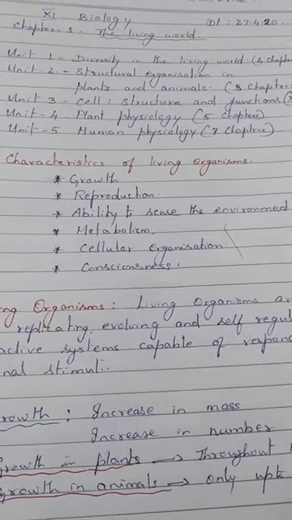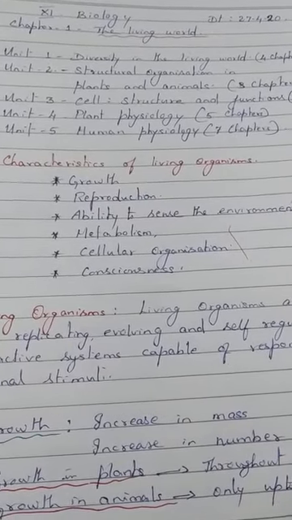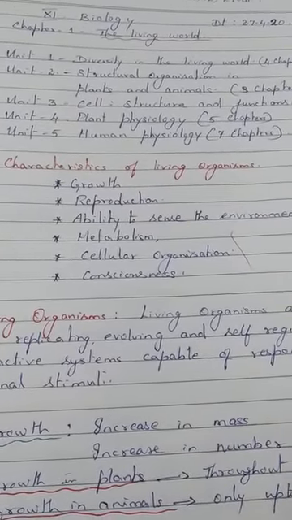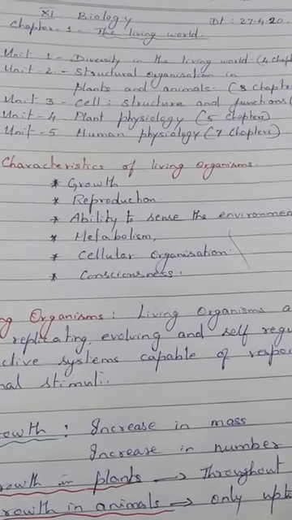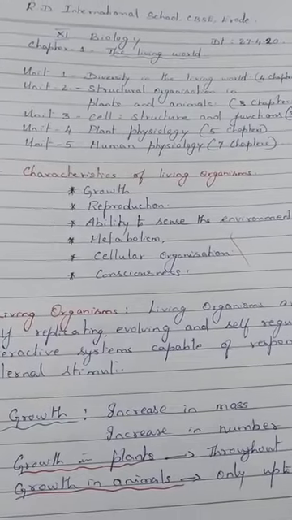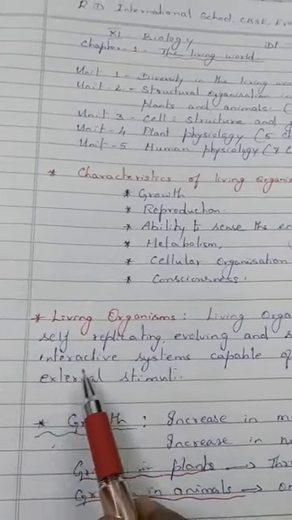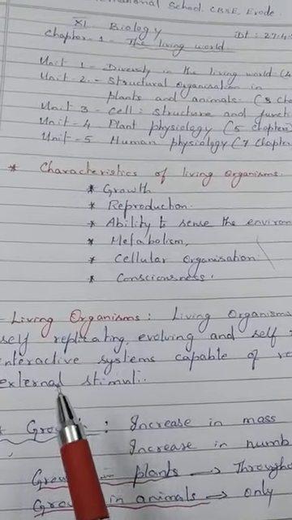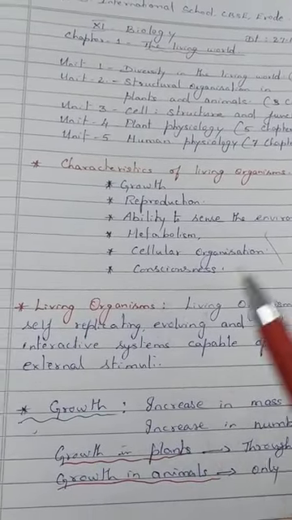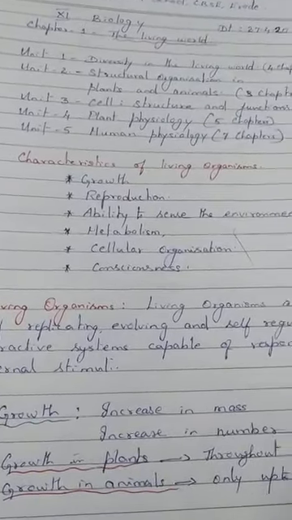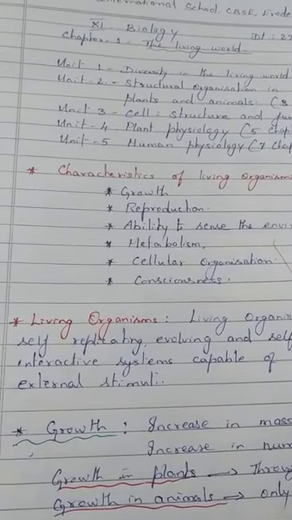Evolving: they change, and new organisms evolve from the previously existing ones. And self-regulating: there is regulation of all the functions inside the body. And interactive system: there is interaction between the individuals of a population and between populations of a community. And capable of responding to external stimuli. They can respond to external stimuli.